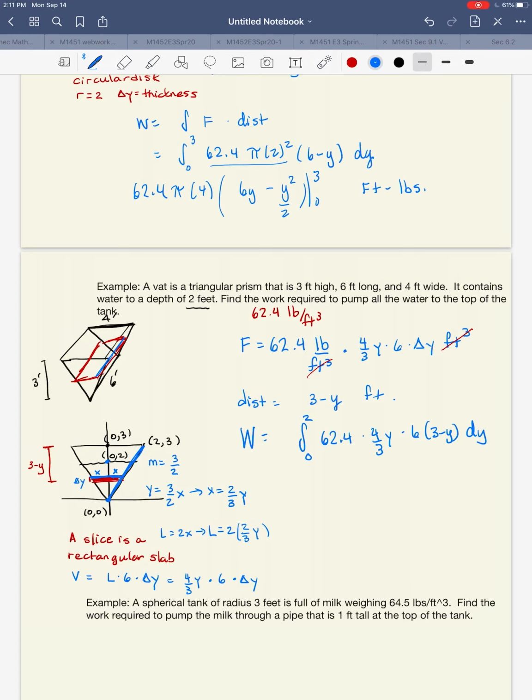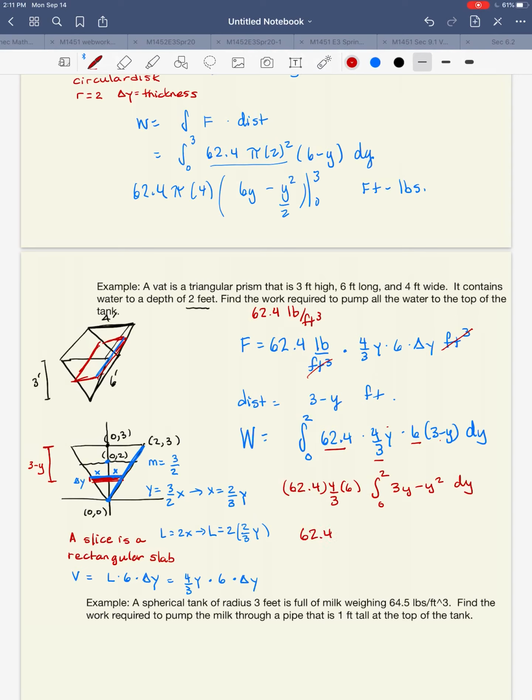Okay, so to do this work integral, we multiply 62.4 with 4/3 and 6, pull it out here. Then we integrate the y times 3 minus y, so 3y minus y squared, from 0 to 2.